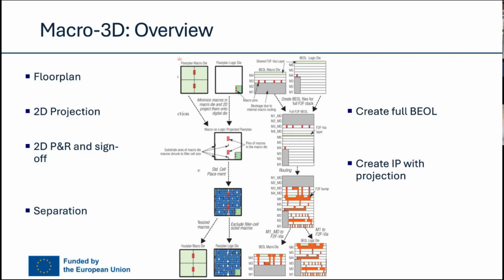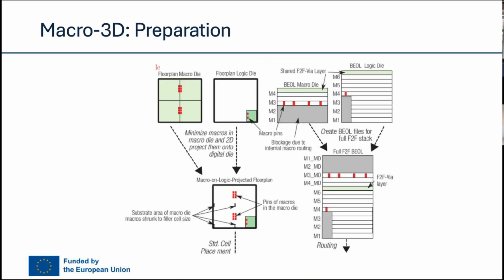Fundamentally, if we make a zoom, if we try to have a look at which are the requirements, you will see that the fundamental idea of macro 3D is that we start with two separate tiers and we want to combine them into a single full stack back end of line.